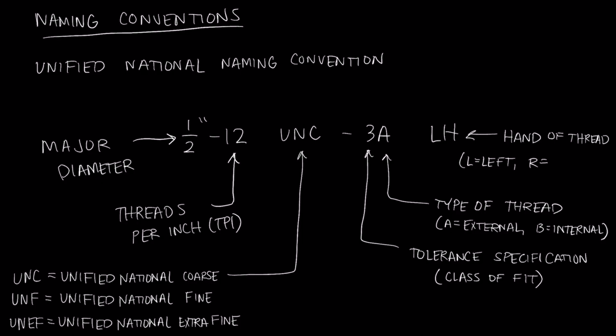And if we had an RH, that would be a right-handed bolt. So a right-handed thread is going to advance away from you when you turn it clockwise, and a left-handed thread will advance away from you when you turn it counterclockwise. So just remember, righty-tighty, lefty-loosey, but that only works if you have a right-handed thread.